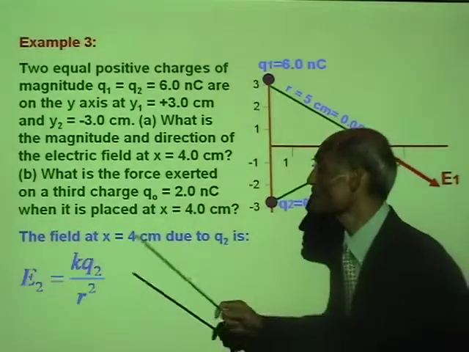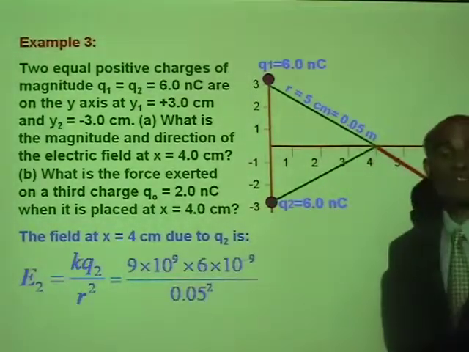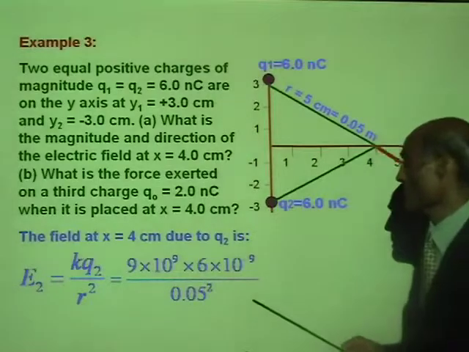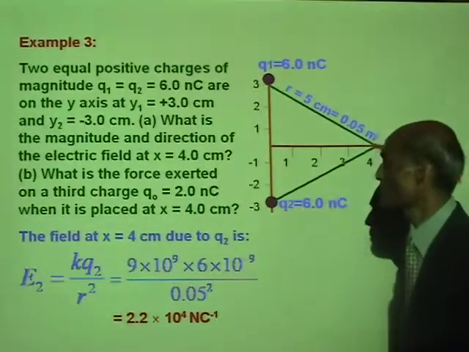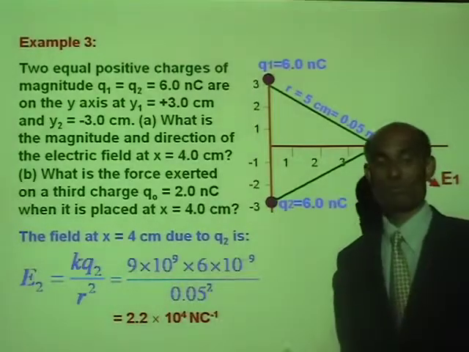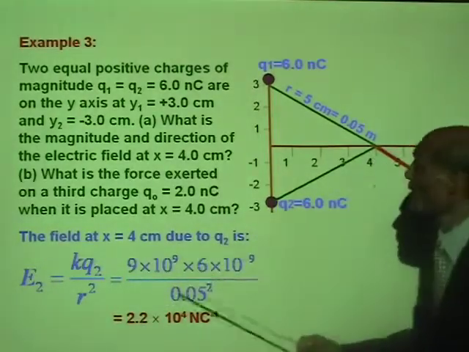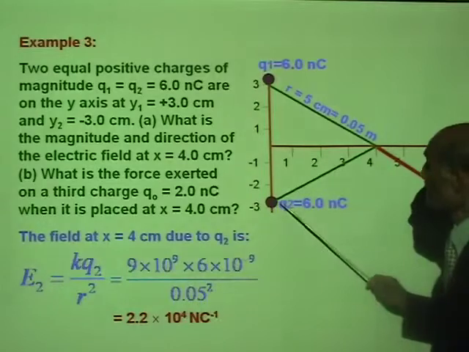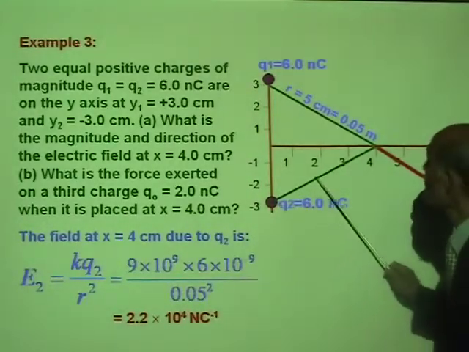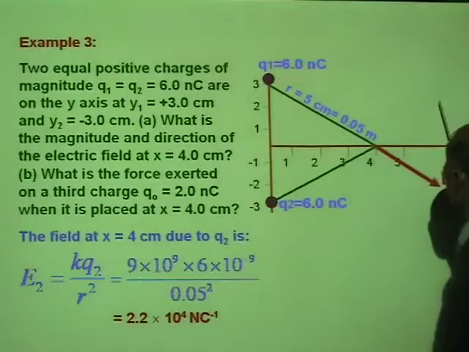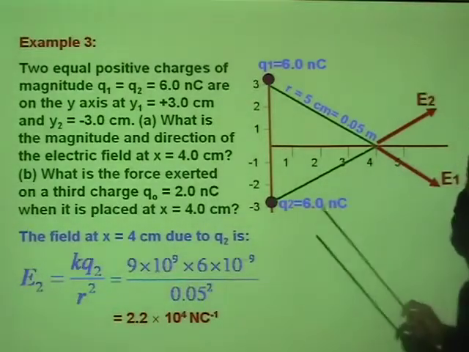That means the magnitude of this field vector will be the same. What would that be? 2.2 times 10 to the 4 Newton per coulomb. And what is the direction of this electric field? This also is a positive charge, means the field will be directed away from it. There you are. And that's your E2.